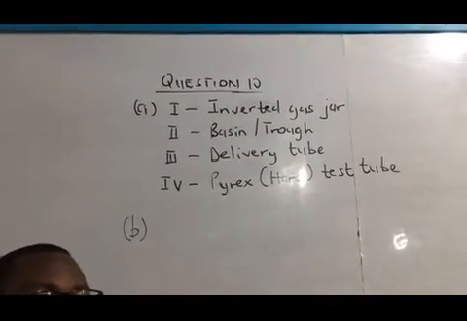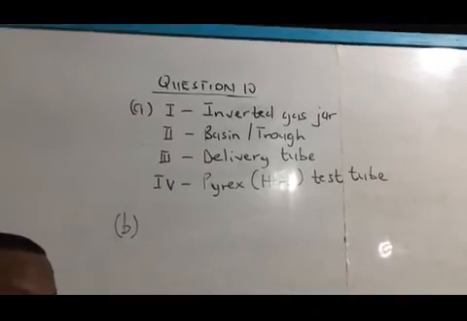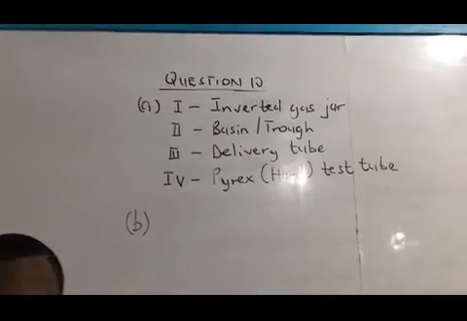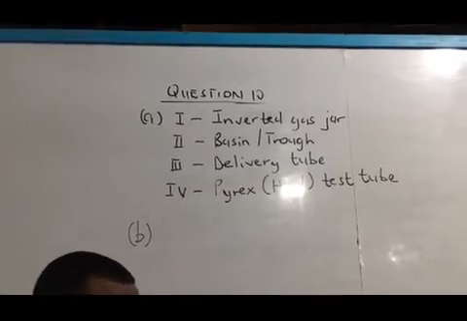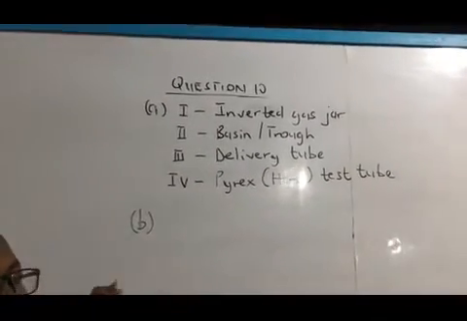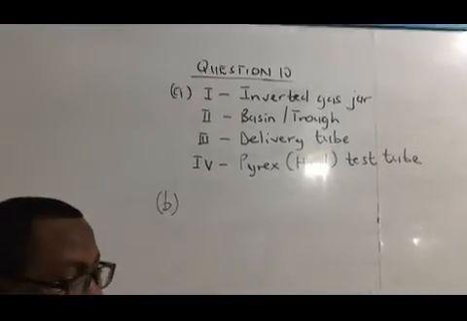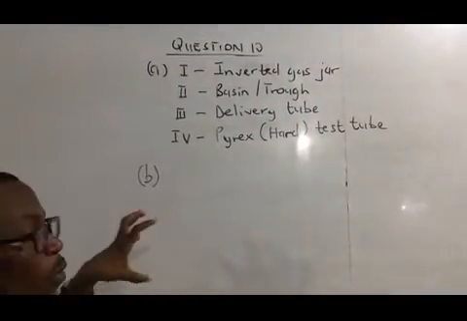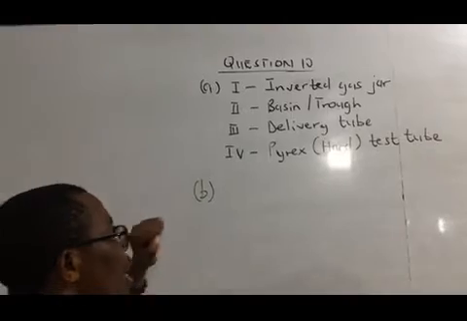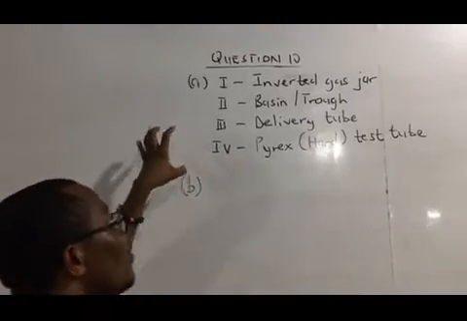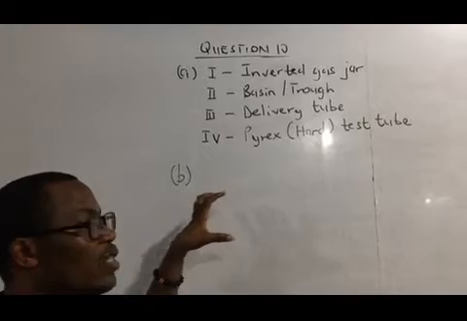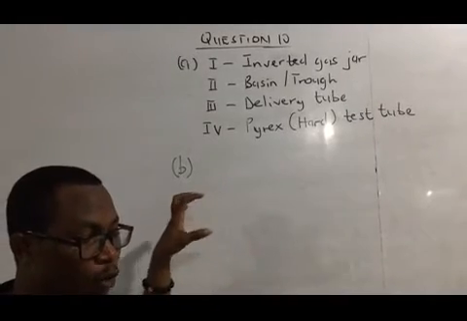Either you use hydrogen peroxide or you use potassium chlorate. I told you that if the reagent you are using is hydrogen peroxide, then the setup will involve what? A thistle funnel, where the hydrogen peroxide will be, and then you have the catalyst, that is the manganese IV oxide, in the flat bottom flask.